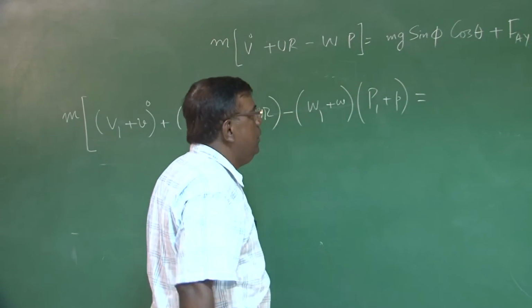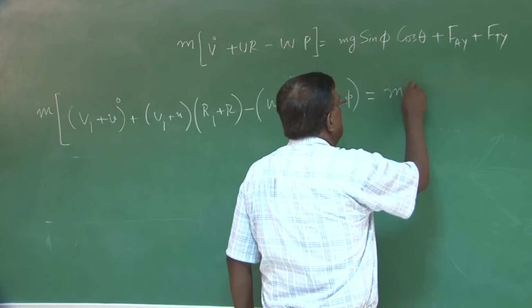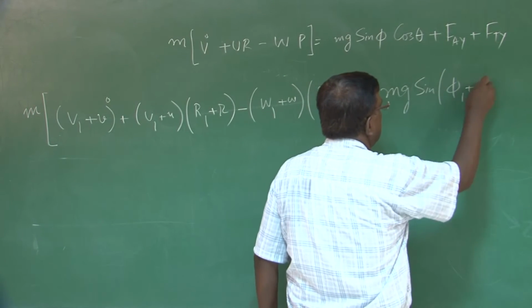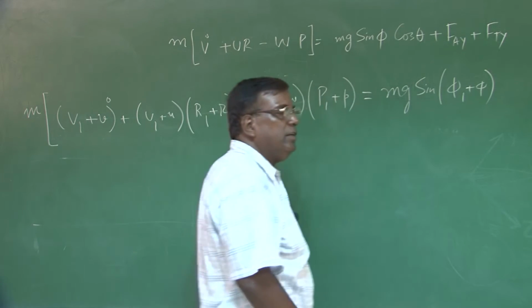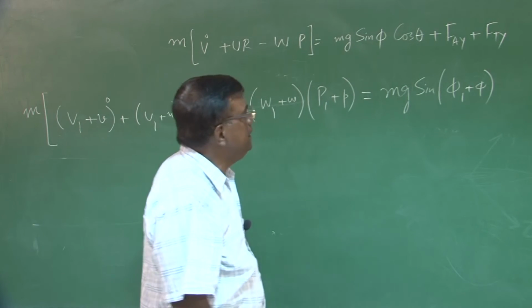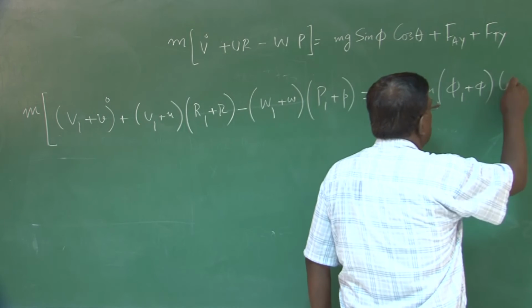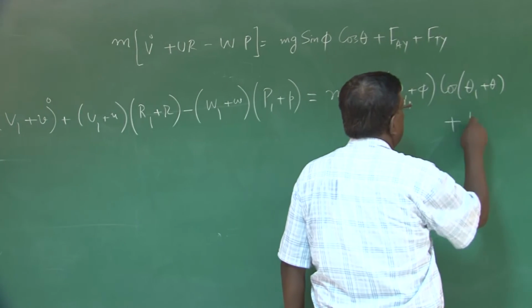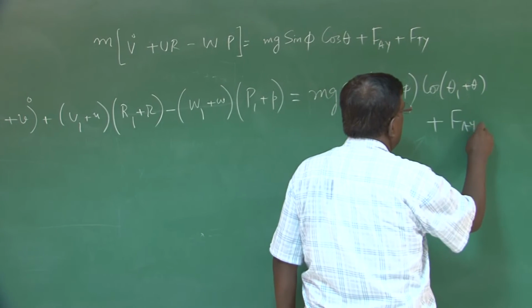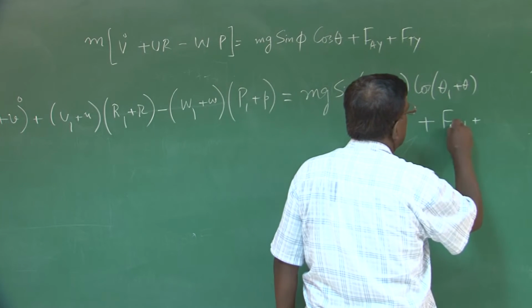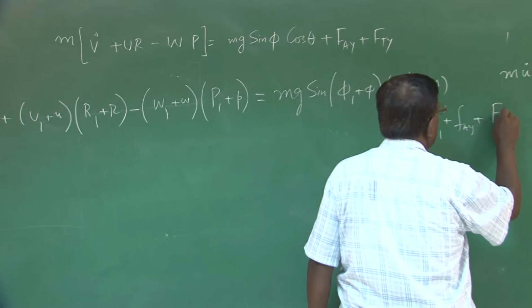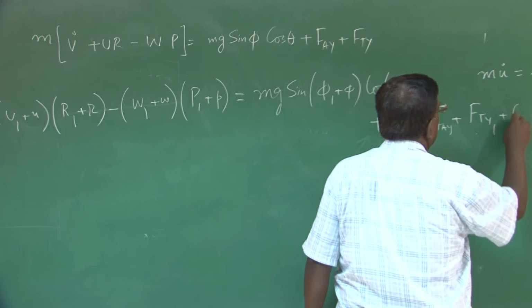And this is equal to m g sine of phi 1 plus phi, cos of theta 1 plus theta, plus F ay 1 plus F ay plus F ey 1 plus F dy.